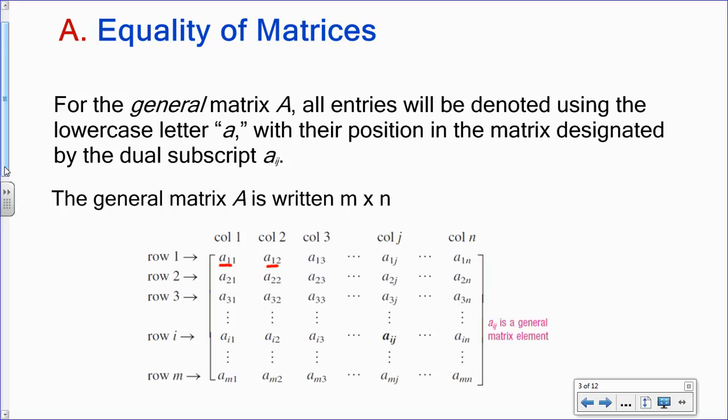For example, this entry here, that's A23, that means row 2, column 3. And that can go on and on. So the last one we say, just row M and column N. So A-M-N there.